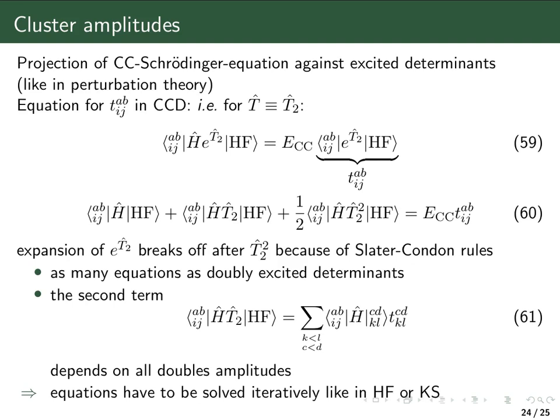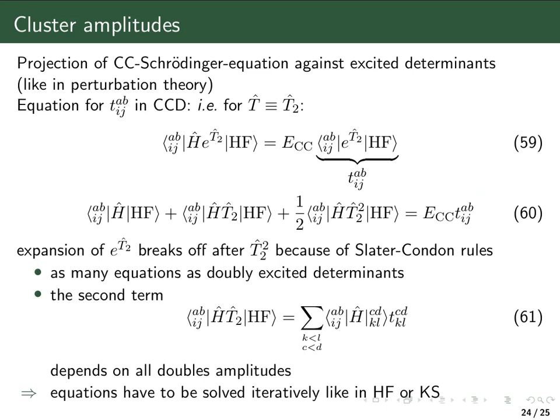So I have to do an iterative solution again, like Hartree-Fock or Kohn-Sham, where the first time I have to guess what these amplitudes are on the left-hand side of the equation. Then I can evaluate what the amplitude on the right-hand side is. I do that with all my equations, and I get a new set of amplitudes, which I have to stuff in here on the left side again, and evaluate what my new amplitudes are.